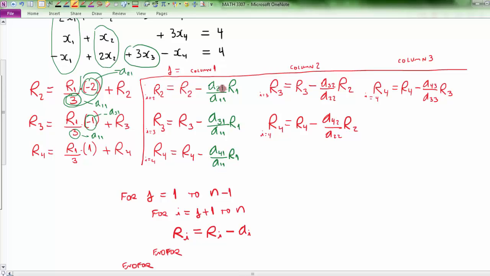And then the second index is 1, 1, 1, that's the column j, divided by A, then j, j, and 1, 1. Times row j. That gives us the formula, or the algorithm, for the Gaussian elimination. Now we need to put more details here. We're going to see that in just a minute.